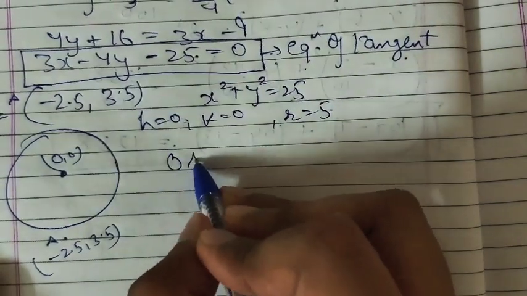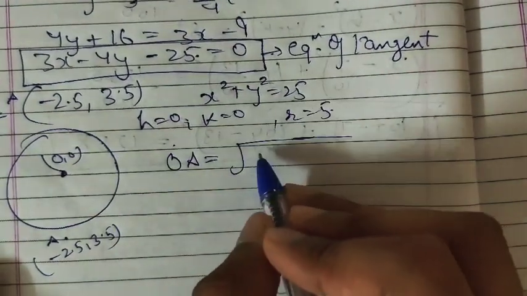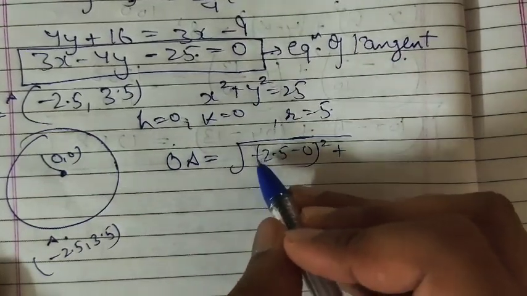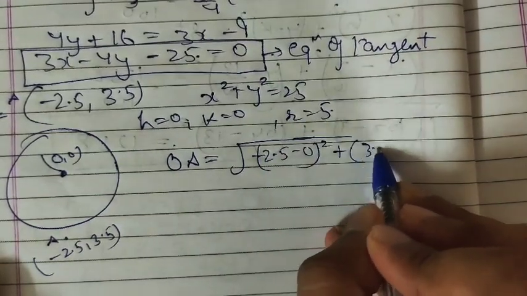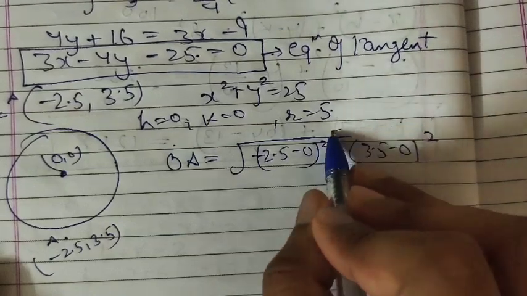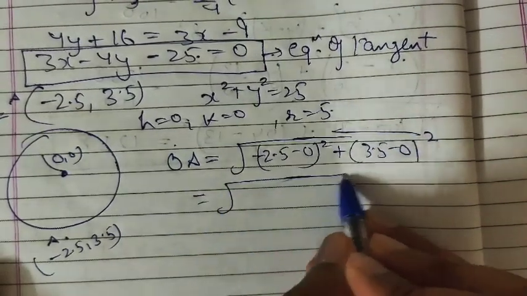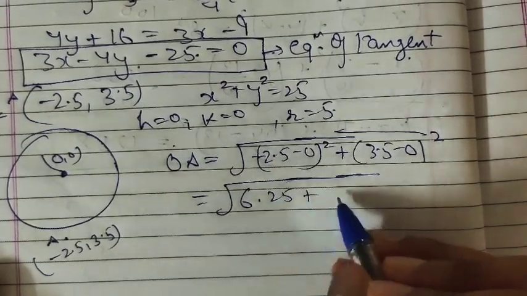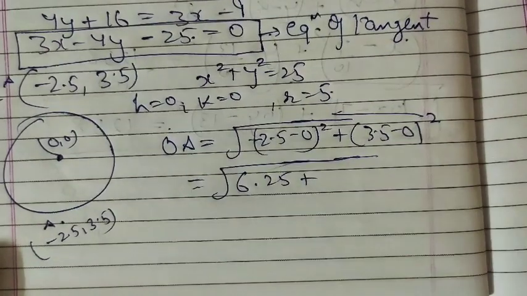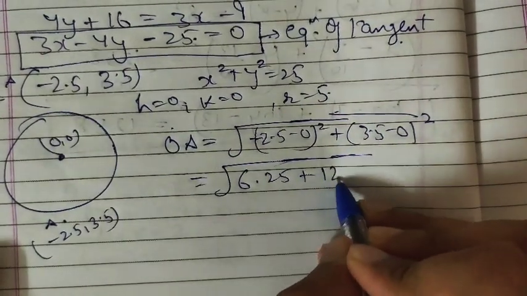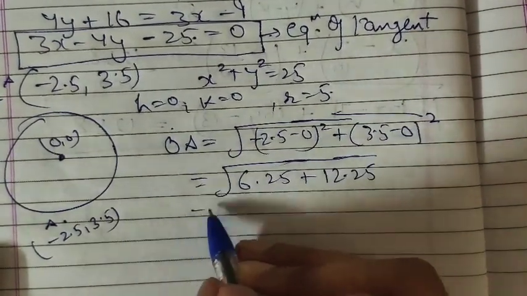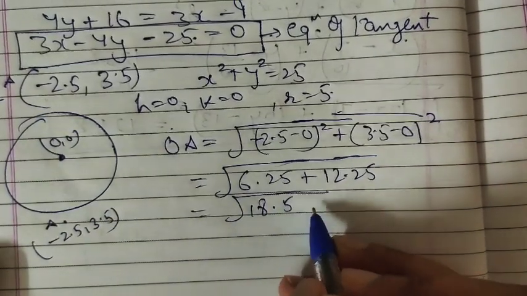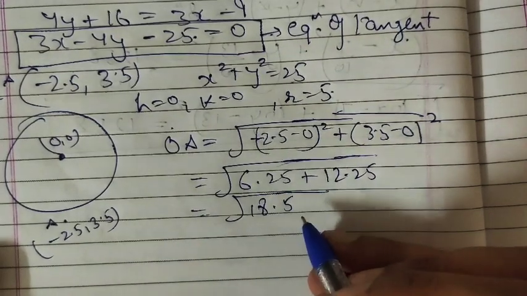So OA is equal to the square root of (minus 2.5 minus 0) whole square plus (3.5 minus 0) whole square, right? Which will be equal to the square root of 2.5 square, which is 6.25, plus 3.5 square, which is 12.25. So this will be equal to the square root of 18.5, right? 18.5 is not a perfect square.